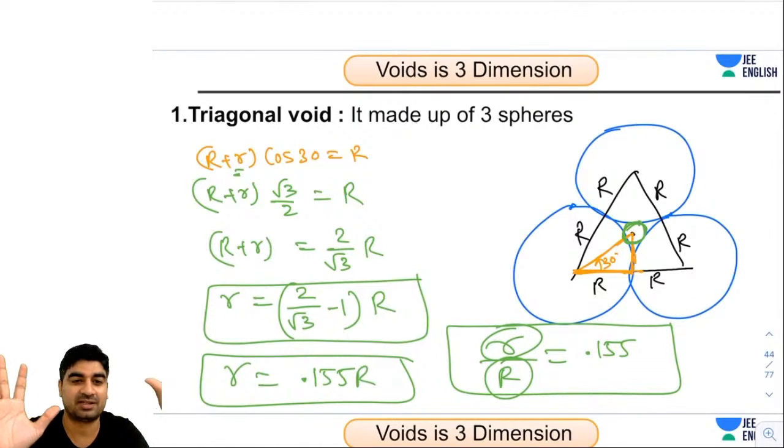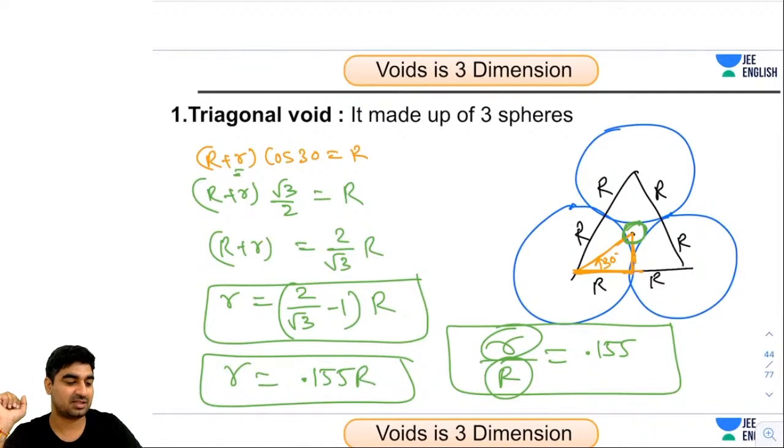So only 15%. And this is called triangular void, guys. Note it down.